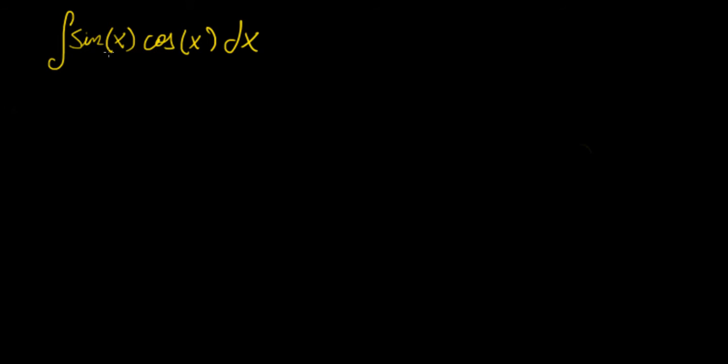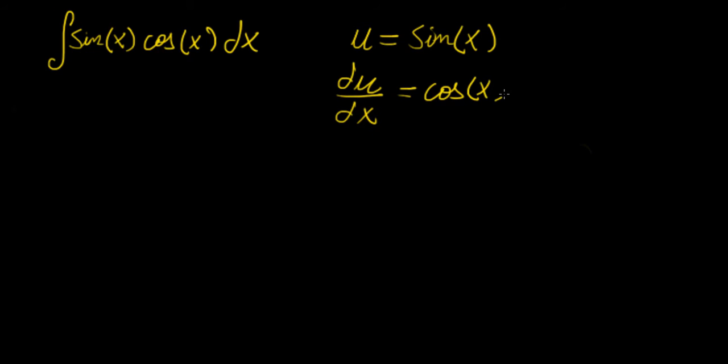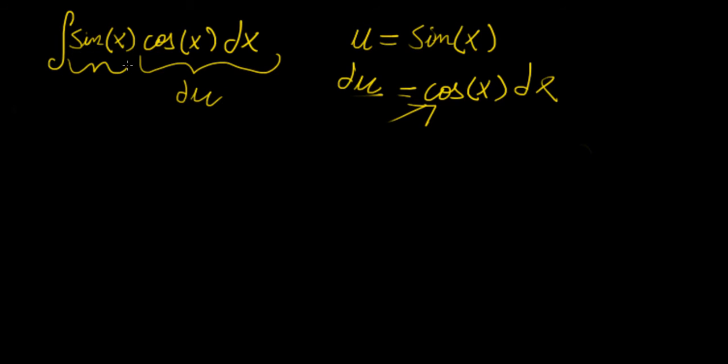Well, you can notice immediately that cosine is the derivative of sine. So we can write this as u equals sine x, such that the derivative du dx becomes cosine of x. And now we want to write an expression for this whole component here, so we can just multiply this side by dx, and that means that we're going to move it from here, such that this whole chunk of the integral becomes du, and this is just going to be u.